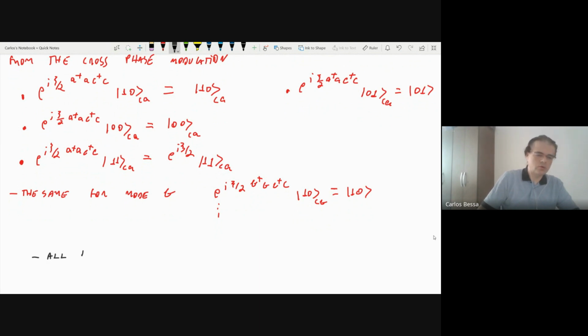So all these effects are not fundamental and can be compensated.